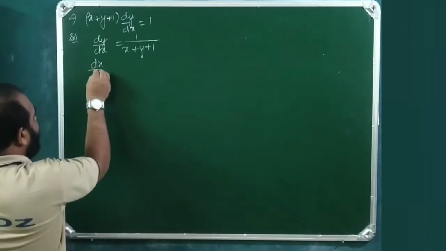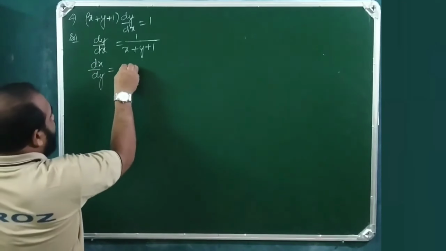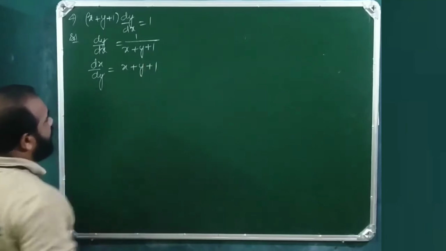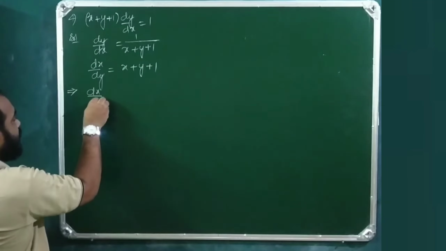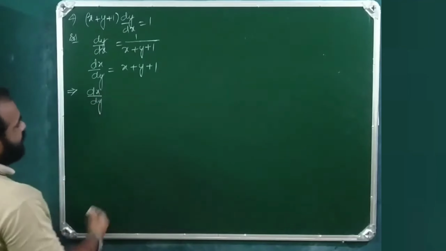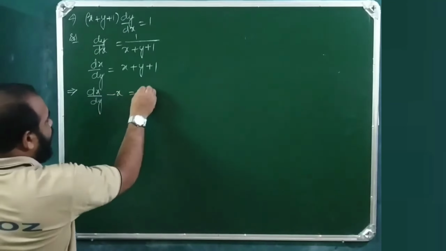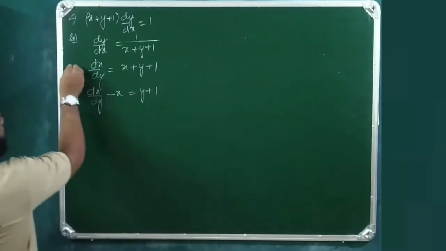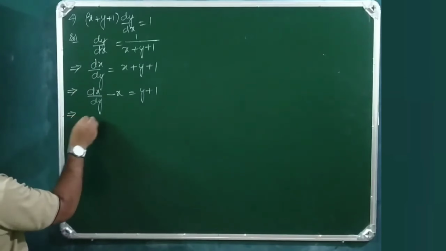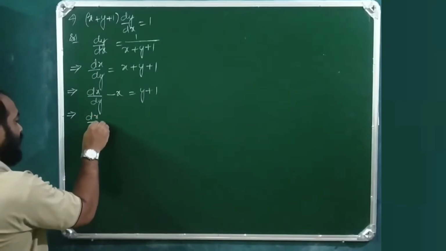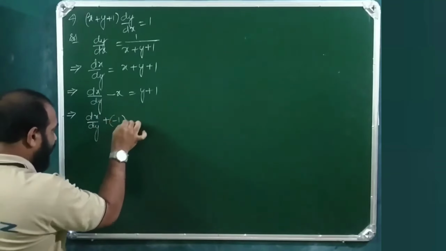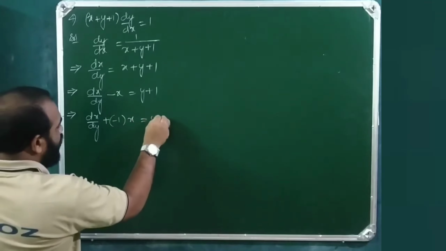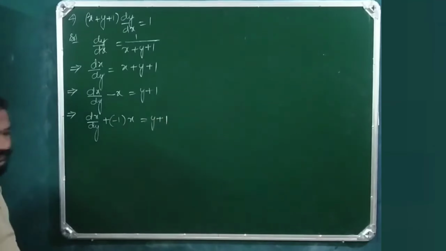So dx by dy equals x plus y plus 1. Now dx by dy minus x equals y plus 1, which is dx by dy plus minus 1 into x equals y plus 1.